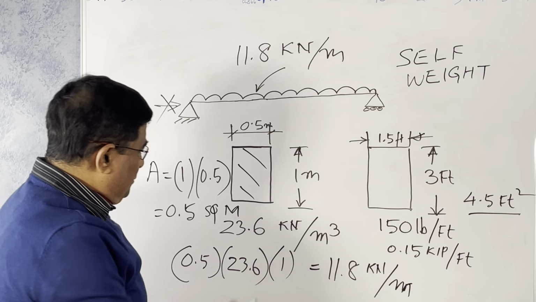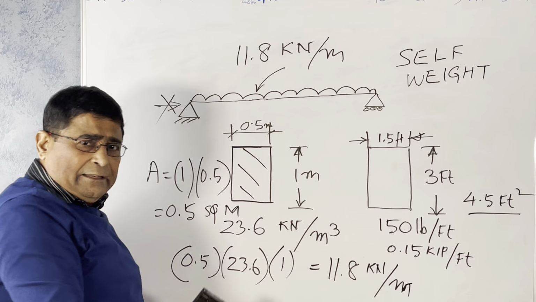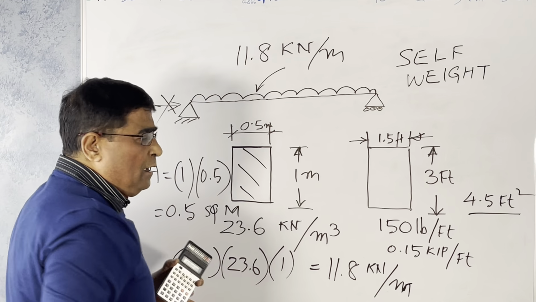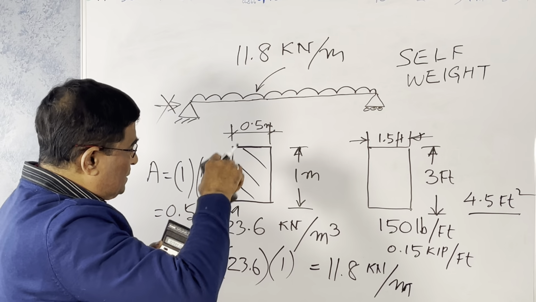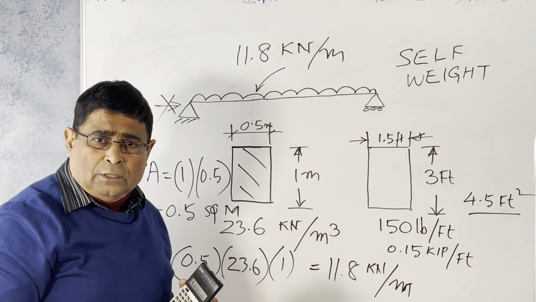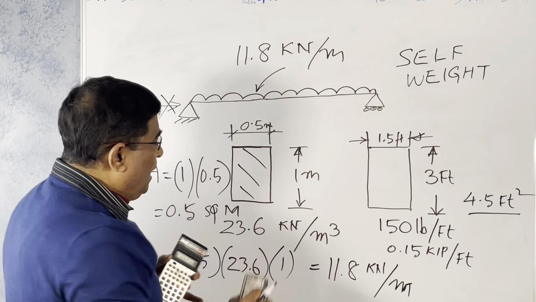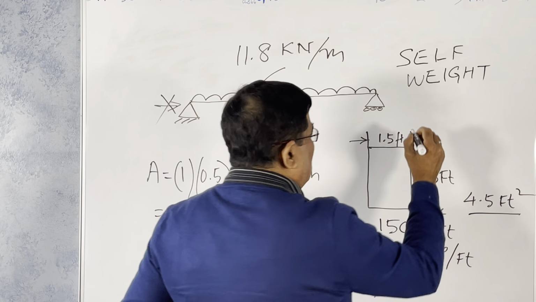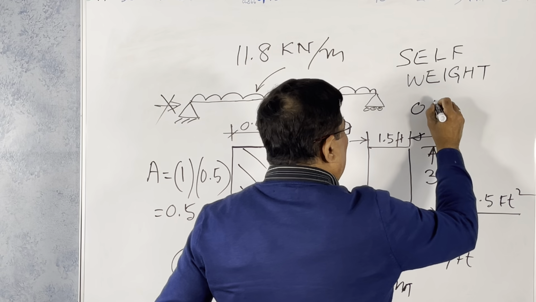So instead of showing the section like that, what you can do is show it with the help of a cloud or some short arrowheads. Or in the American system, it is 0.15.